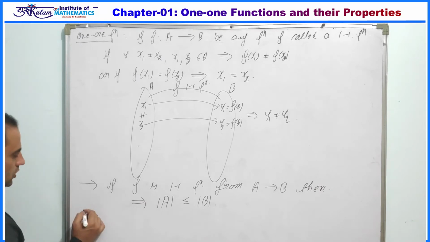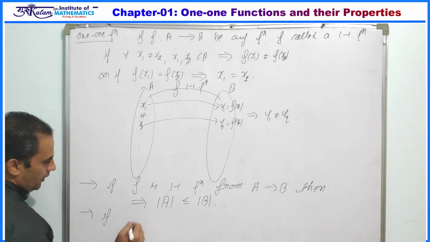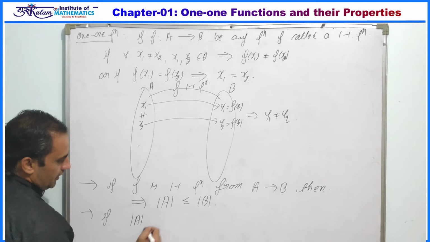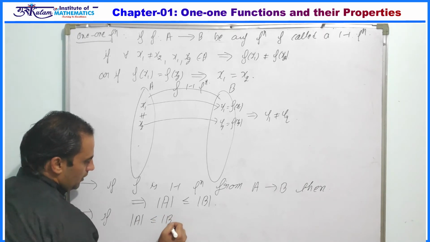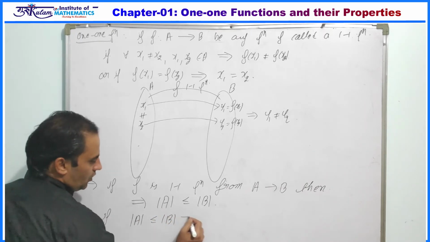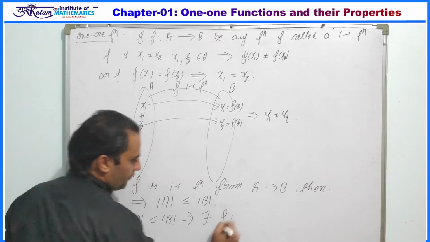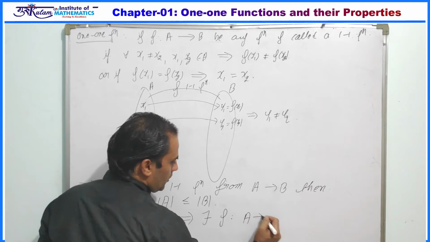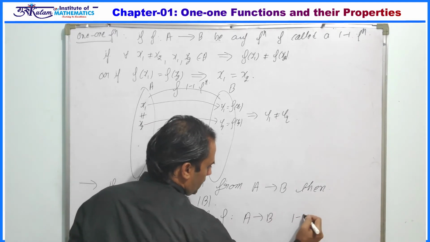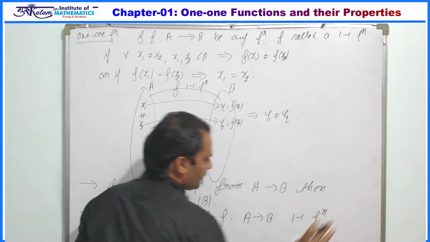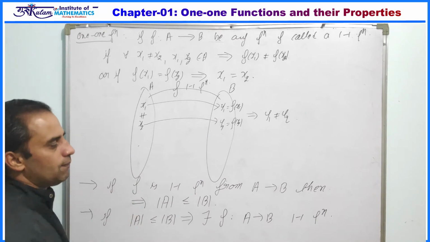We can also prove that if the number of elements in A is less than or equal to the number of elements in B, then there must exist a function f from A to B, and it should be a one-one function or injective function. So these are two important properties.